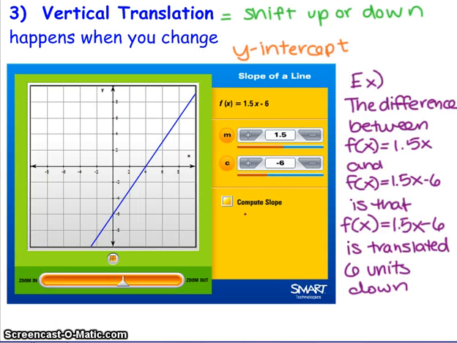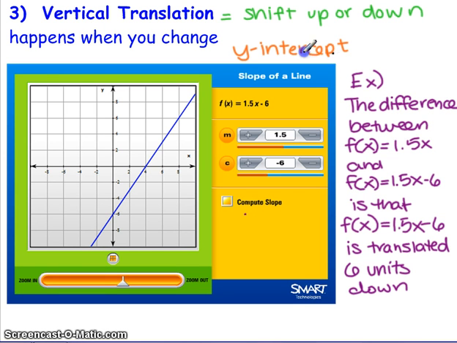A good example that you should pause and write down is that the difference between 1.5x and 1.5x minus 6 is that 1.5x minus 6 is translated 6 units down from the place where just 1.5x was. And the last important thing to know about vertical translations is that you can tell if it's going to be a shift up or a shift down based on the value of the y-intercept.